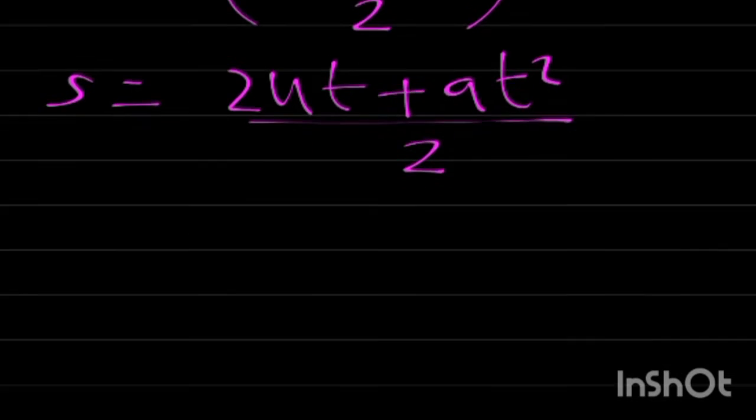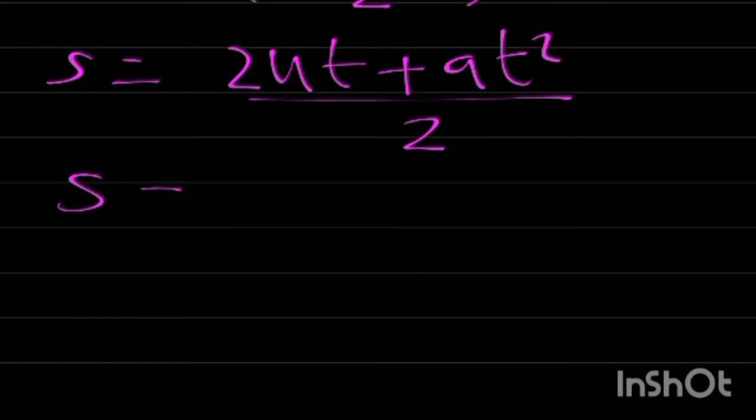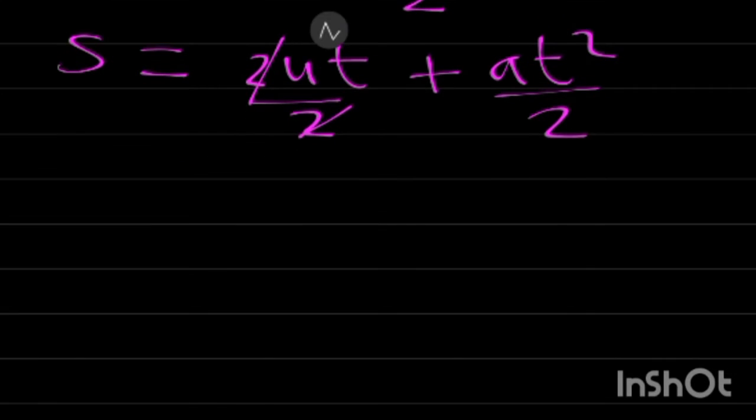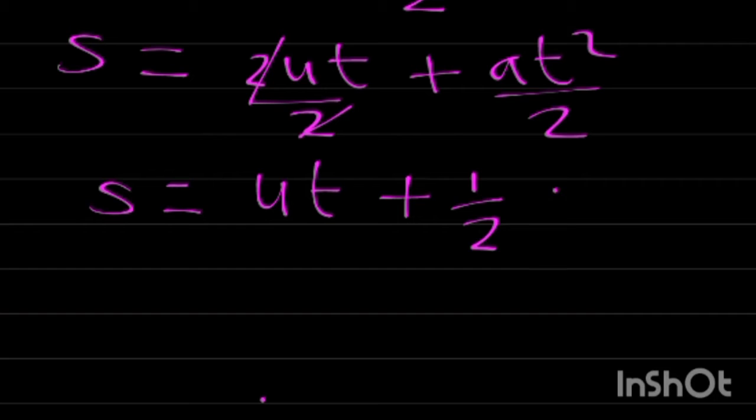And let's divide through by 2. We have S is equal to 2UT over 2 plus AT squared over 2. The 2 here, we cancel. And then we are left with S is equal to UT plus half AT squared. So this is equation 3.